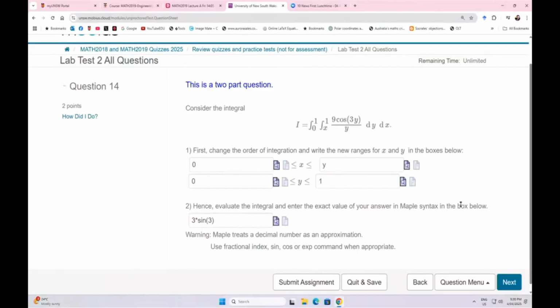It is. Getting the wallet out again. Okay. If anyone can come up with the antiderivative of this with respect to y, here's the cash.